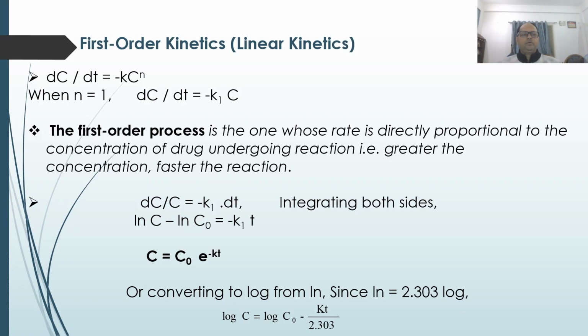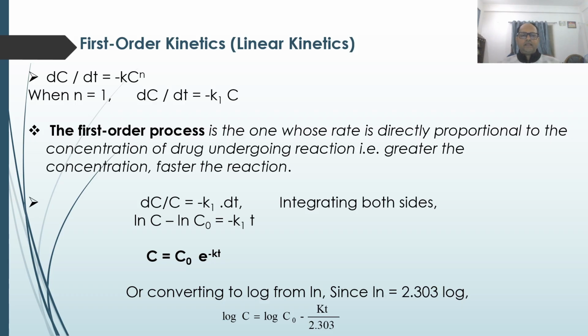When n is equal to 1, dC by dt is equal to minus k1 C. The first order process is the one whose rate is directly proportional to the concentration of the drug undergoing reaction. That is, the greater the concentration, the faster the reaction. It is directly proportional: if you increase the concentration, the rate of the process will increase.